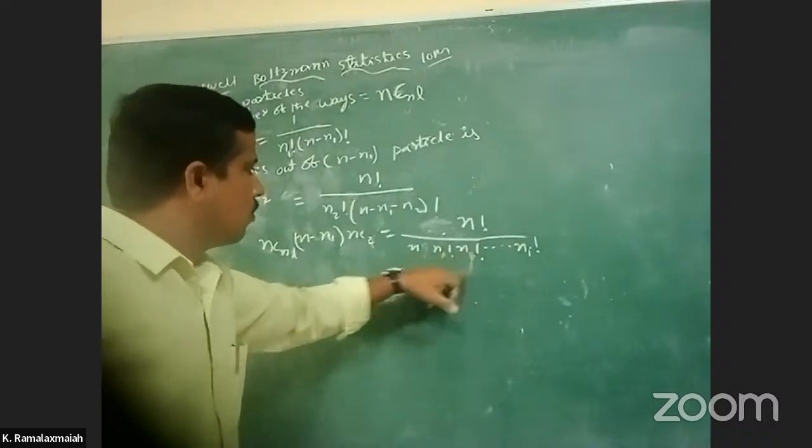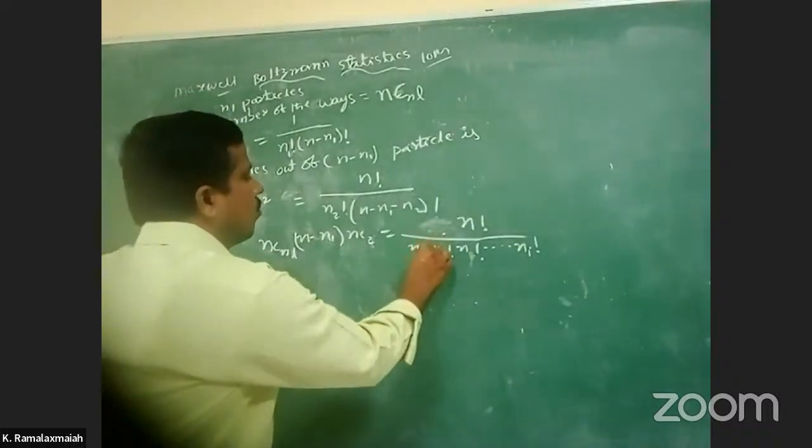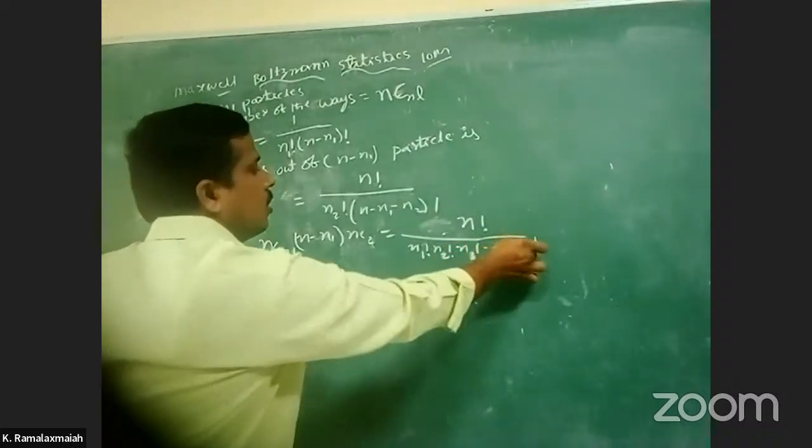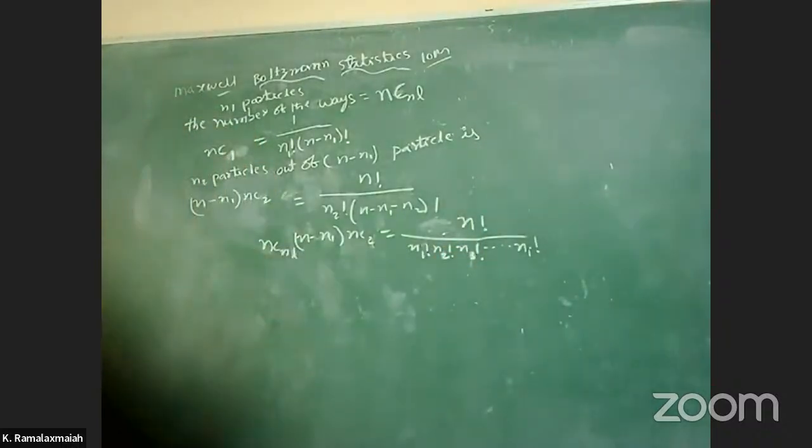This is right, sorry: n1 factorial n2 factorial n3 factorial up to ni factorial.